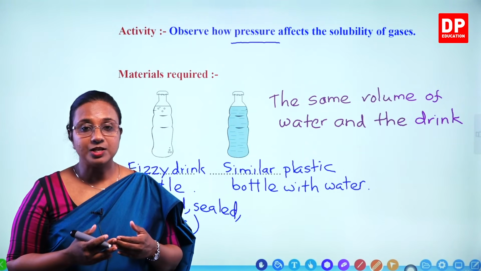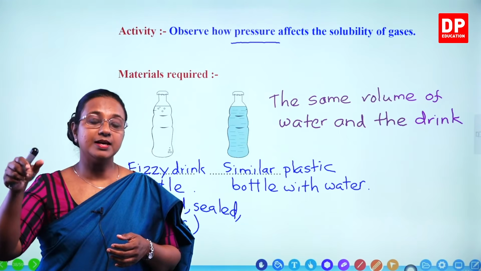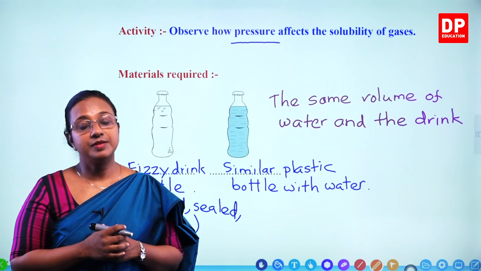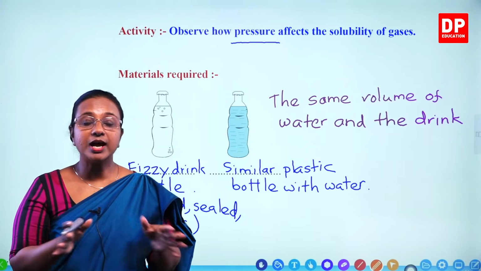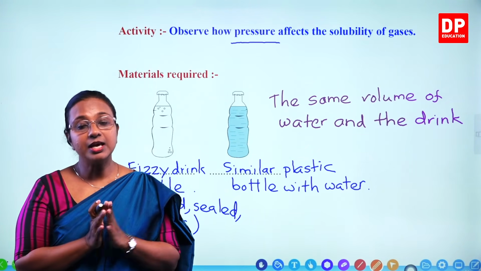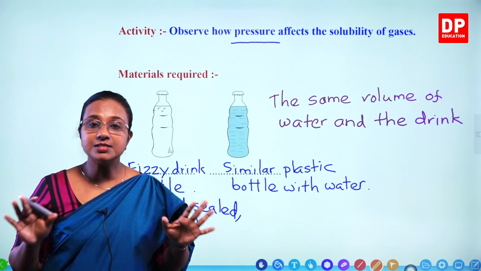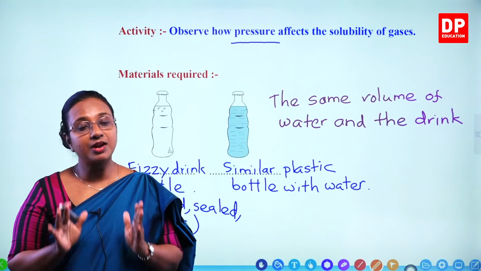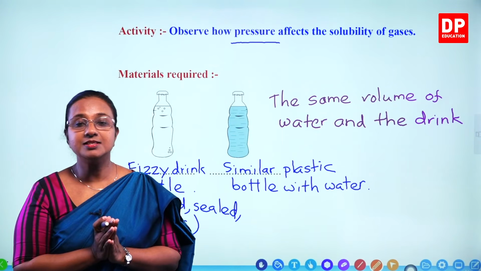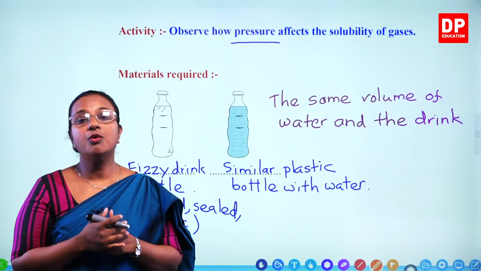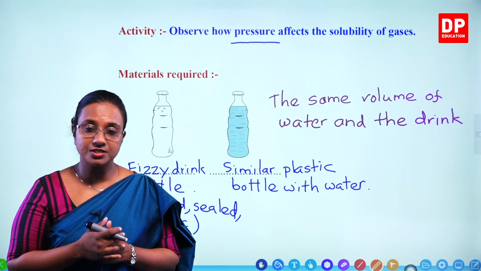Thereafter, I will open the lid of the fizzy drink bottle. Before I open, if you look at the two bottles carefully, you can see both the solutions are clear, transparent solutions. You won't see any other substance there. So they are both homogeneous solutions.